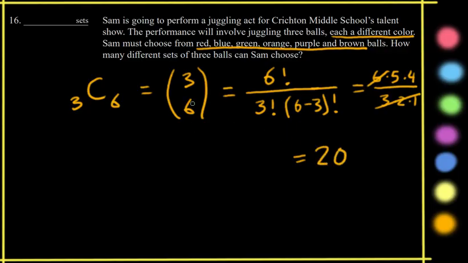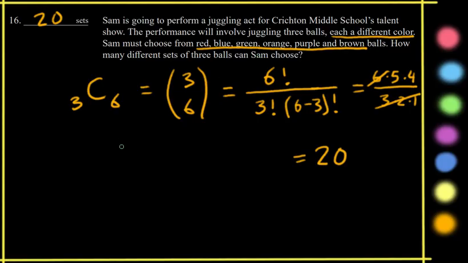So 6 choose 3, 6 factorial divided by 3 factorial times 3 factorial, is going to give you 20 different sets. Okay, now that's called combinations when you have a group of things and you have to choose a subgroup.